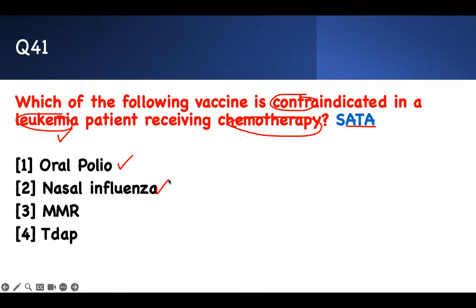Nasal one, no, you can get the IM one. MMR, you can get it. Tdap, you can get it. So which one is contraindicated? If you're getting chemotherapy, these are all live vaccines, contraindicated. So 1, 2, 3 are contraindicated.